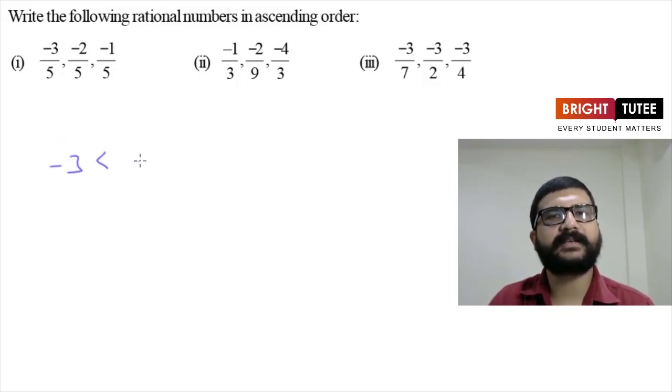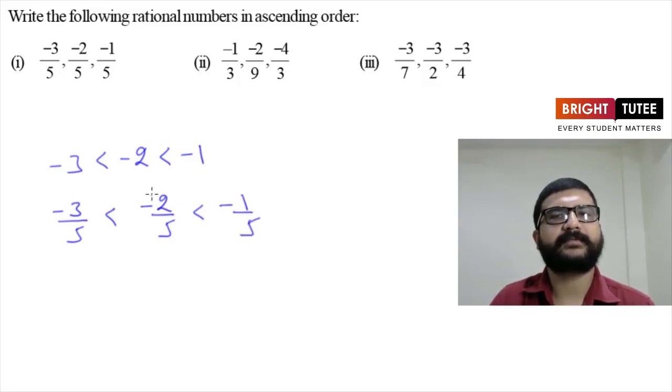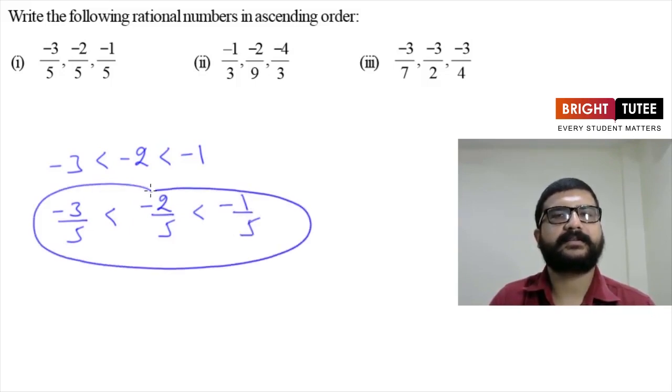Minus 3 is smallest, and then minus 2, and then minus 1. So minus 3 upon 5 is smallest one, and then minus 2 upon 5, and then minus 1 upon 5. So this is the ascending order of the given numbers.